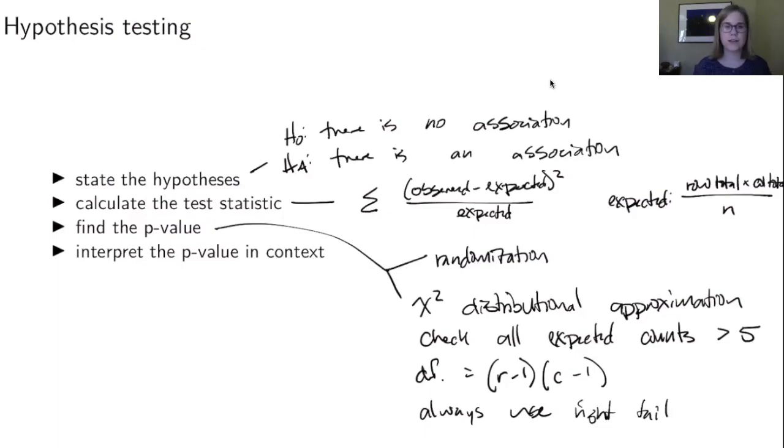And then, of course, the last thing is to interpret the p-value in context. So that's how we do inference when we're looking for association between two categorical variables. We're essentially doing inference for a bunch of proportions.